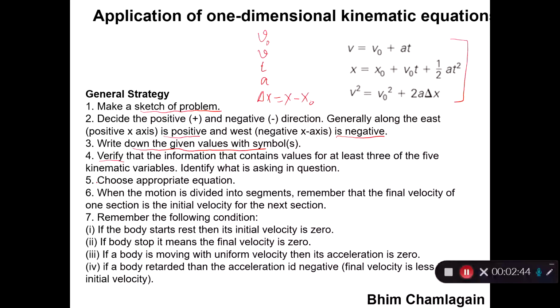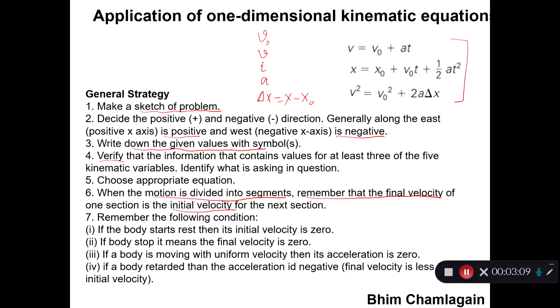And next thing to remember is if a motion is divided into segments, then you can treat each segment individually. To solve this, remember the final velocity of the previous section is the initial velocity of the next section.